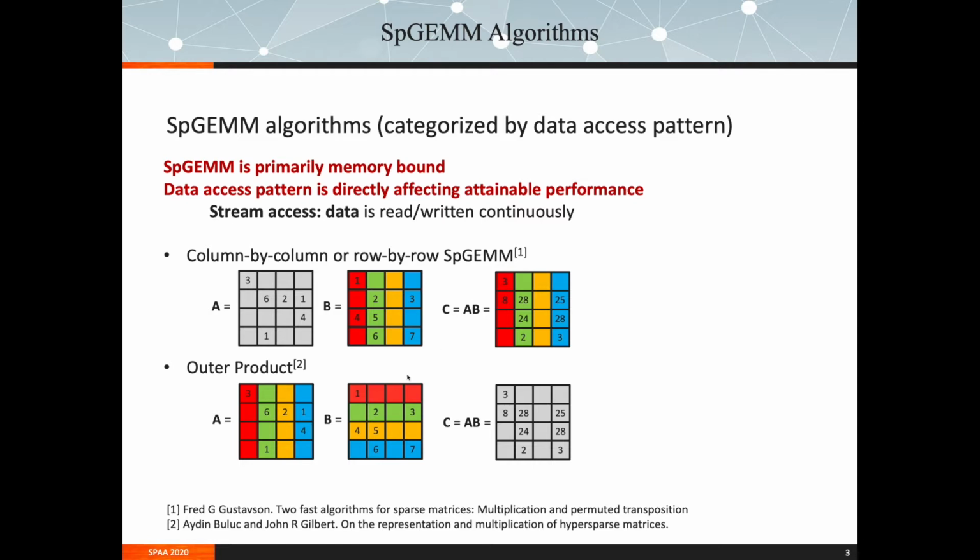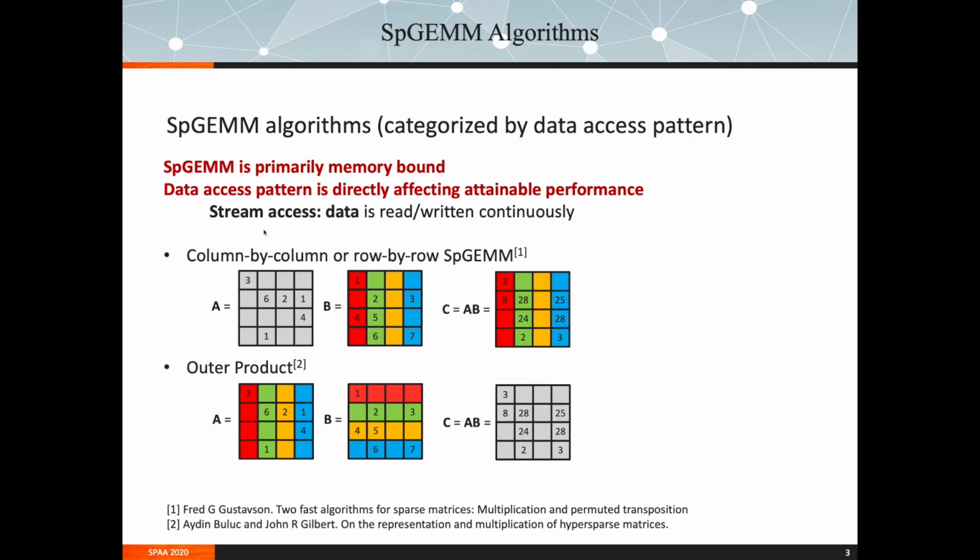SpGEMM is primarily memory bound, so the data access pattern can play a significant role in the performance. In this work, we are categorizing SpGEMM algorithms based on the memory data access pattern. If an algorithm only has stream access, in other words, data is read or written continuously, we would expect this algorithm to have very good performance.